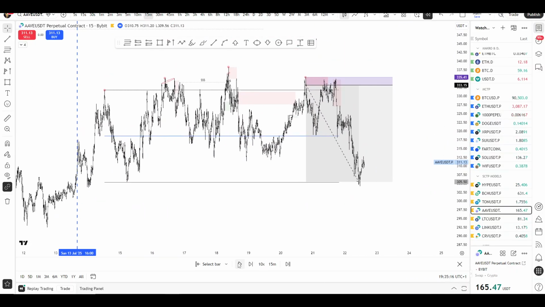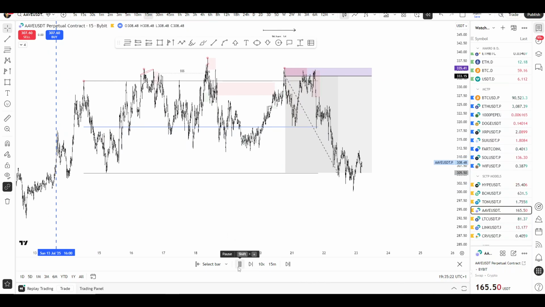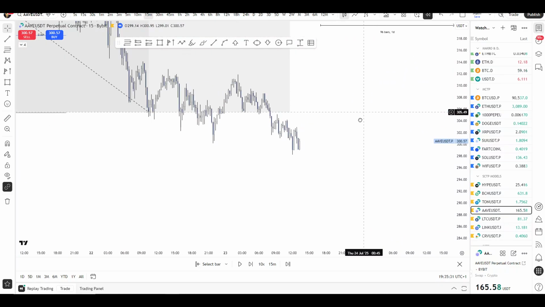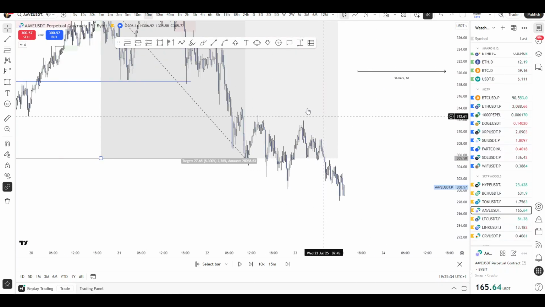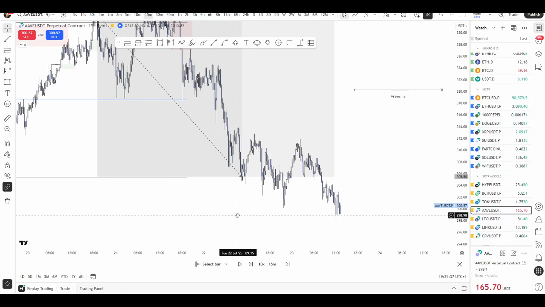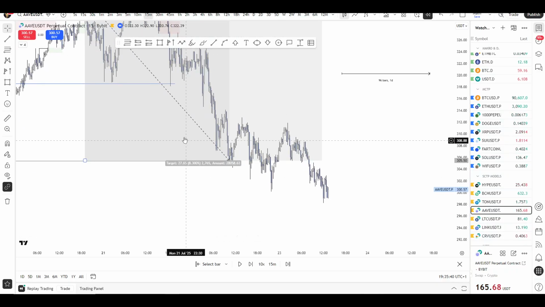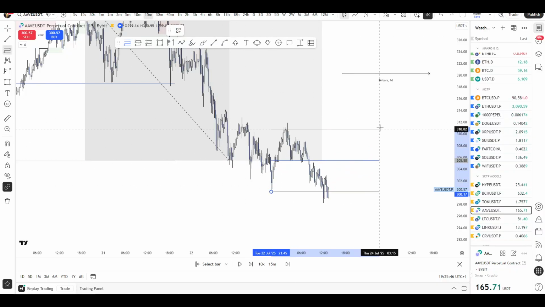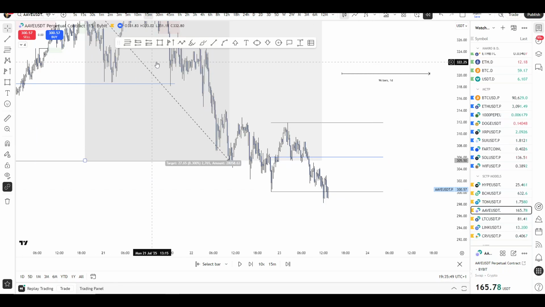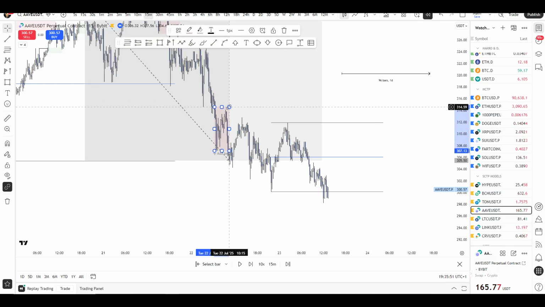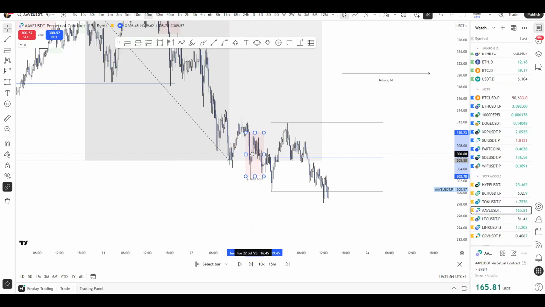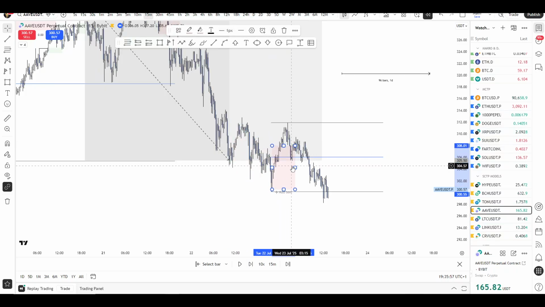Let's keep analyzing. So usually what happens after a move like this, price has to rebalance and look for something new. Maybe we can already see some nice liquidity building up here, and I would not use one of these as my starting point. I would use this one, because look at these narrow moves, and now at this move.